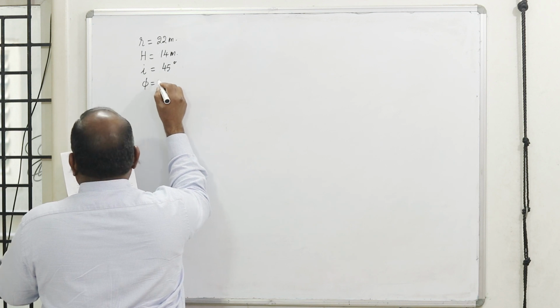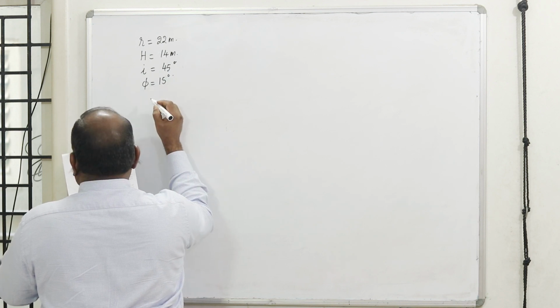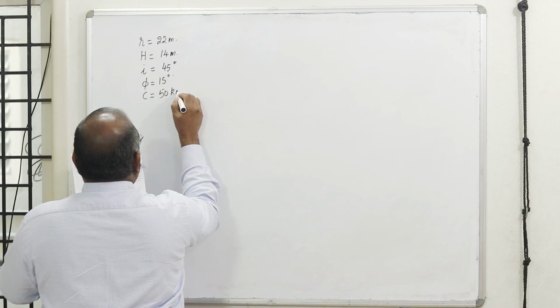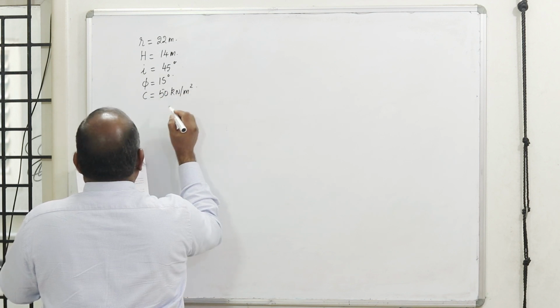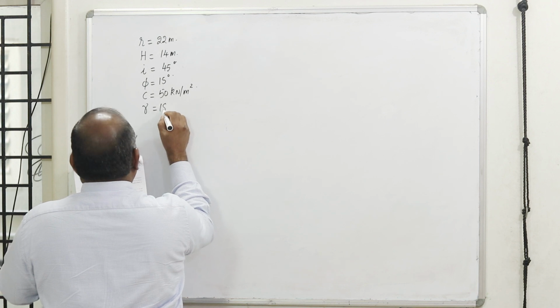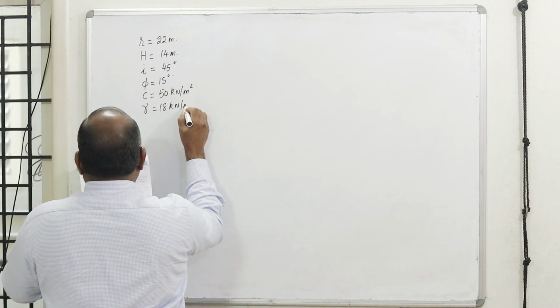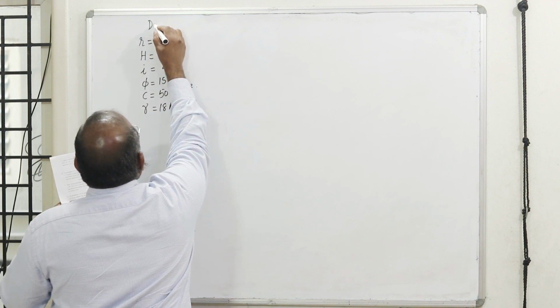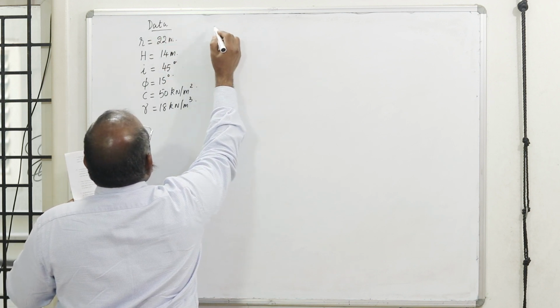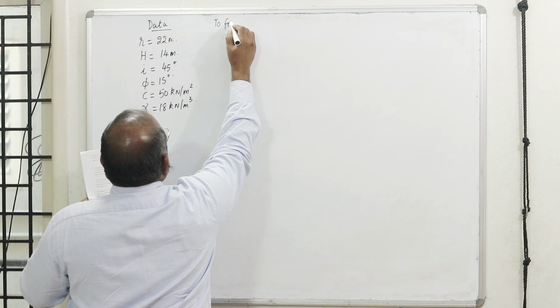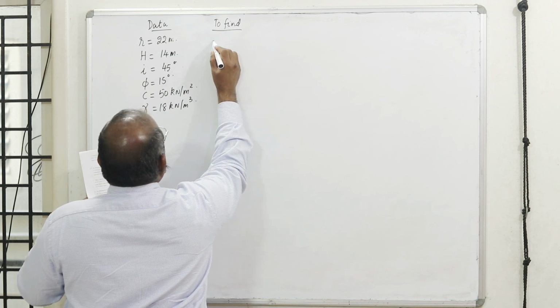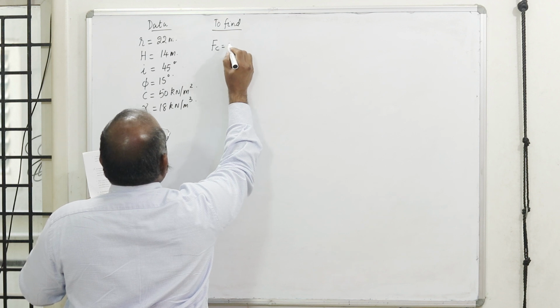The properties are φ equal to 15 degrees, cohesion is 15 kilonewton per meter square, and unit weight is 18 kilonewton per meter cube. This is the data given, and we are to find the factor of safety with respect to cohesion.